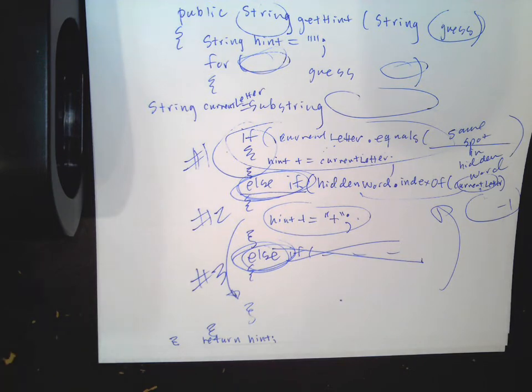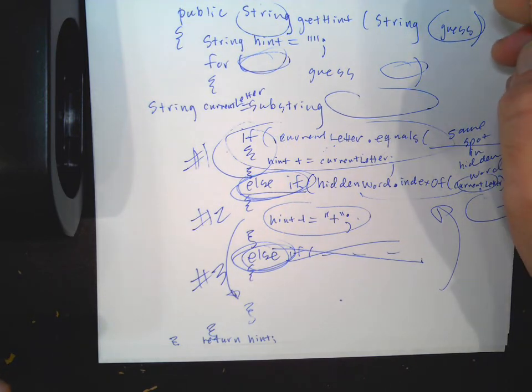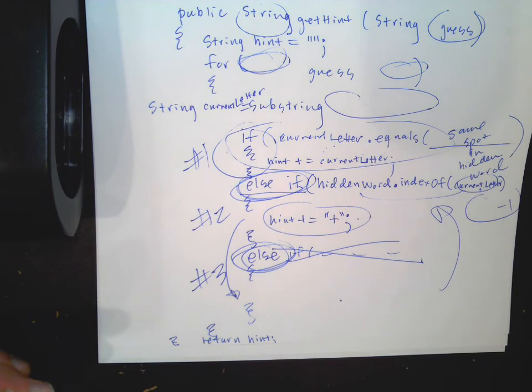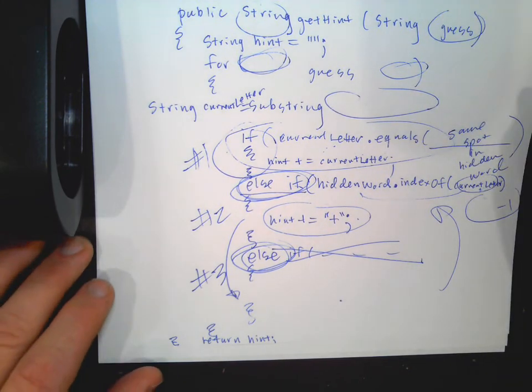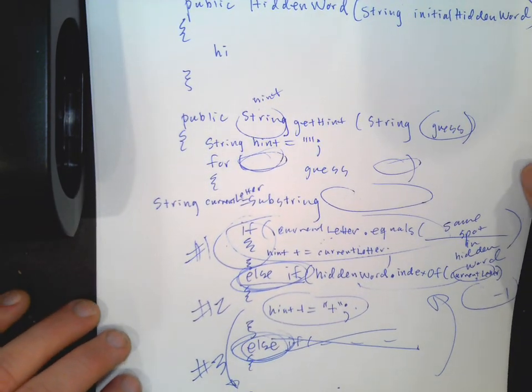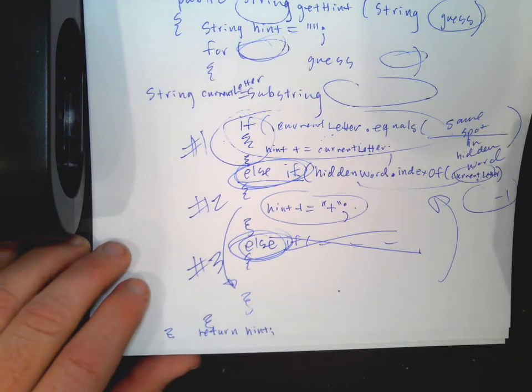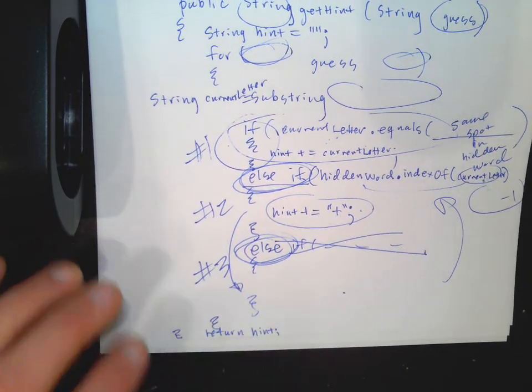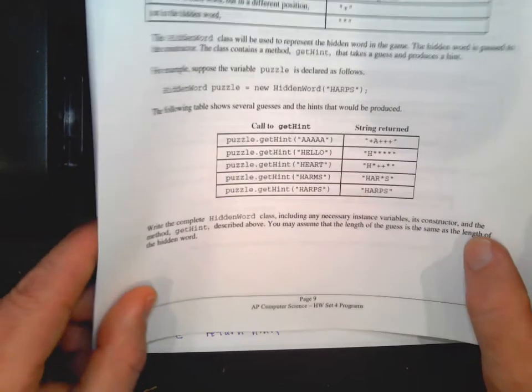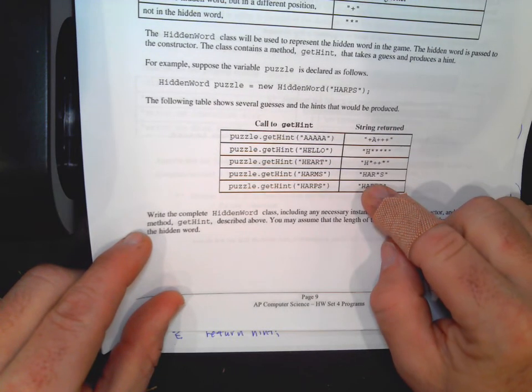Anyways, I think that's pretty much it. I don't think we need to create a toString to even make it work well because we're just going to test it out. You could create a toString that returns the private instance variable hidden word, just to make sure that got created correctly. But in the driver, I want you to at least test this scenario with this one.